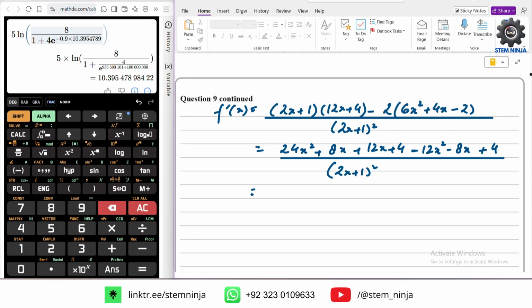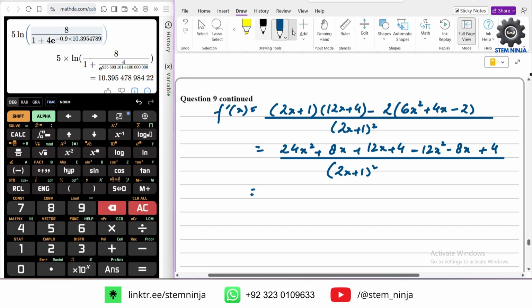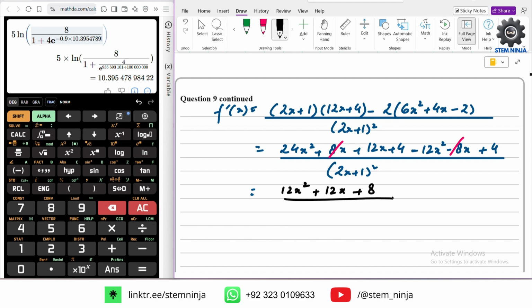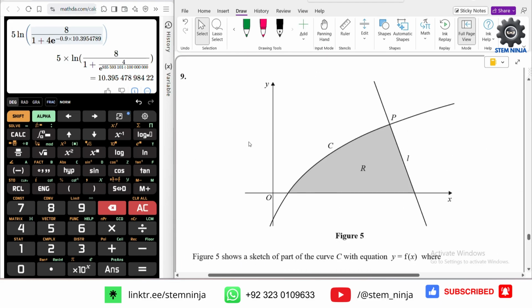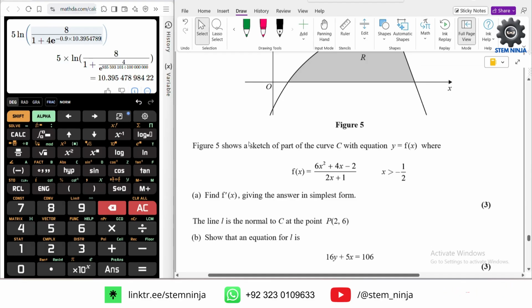As you can see, some items can get cancelled, 8x, 8x. So we are getting 24 minus 12, 12x squared, 12x plus 8 divided by 2x plus 1 whole squared. Okay, that's a part.